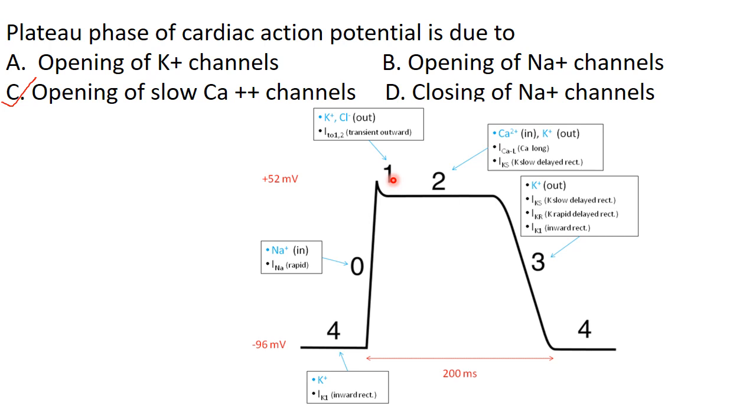That is phase 1. Then phase 2 is the plateau phase, and it is maintained by the influx of calcium ions and outflux of K positive ions. Then phase 3, it is repolarization back to resting membrane potential due to potassium efflux and the closure of sodium and calcium channels.